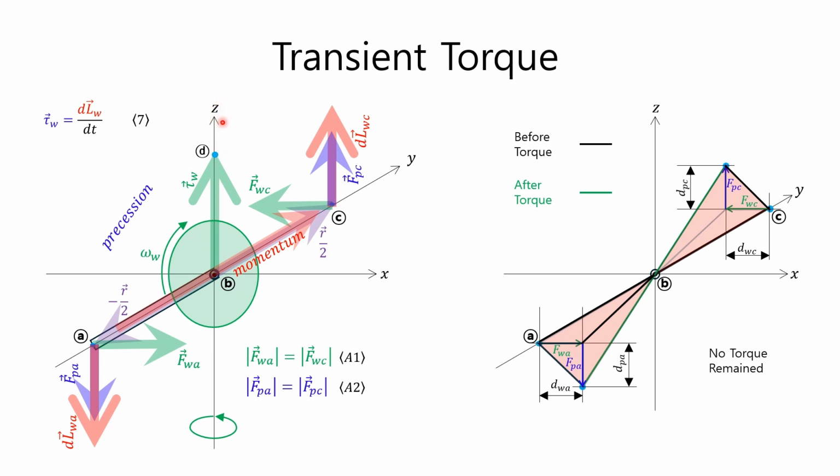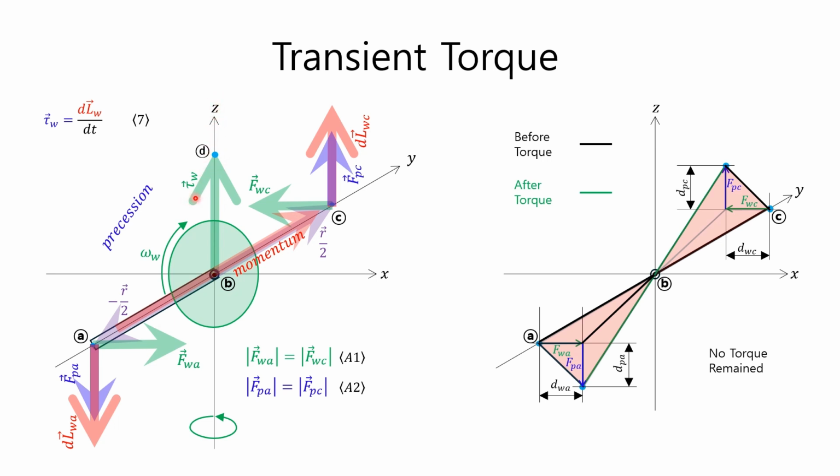The momentum axis is aligned with the rotation axis of the gyroscope, so it is the positive y-axis. Therefore, the direction of the infinitesimal momentum dLwc is perpendicular to the angular momentum axis and parallel to the positive z-axis, which is the torque axis.